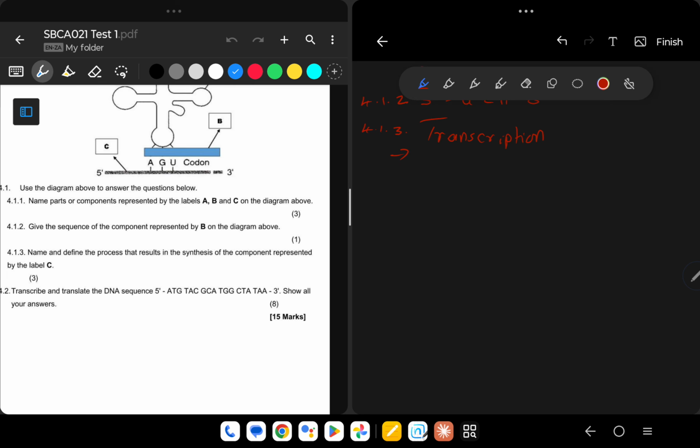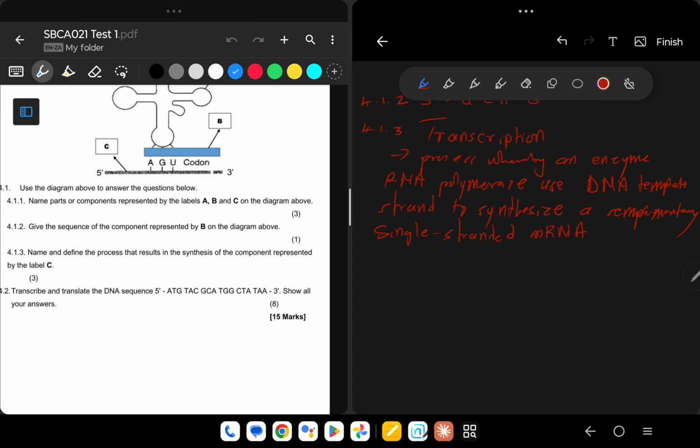It is a process whereby an enzyme, RNA polymerase, uses a DNA template to synthesize a complementary single-stranded mRNA molecule.